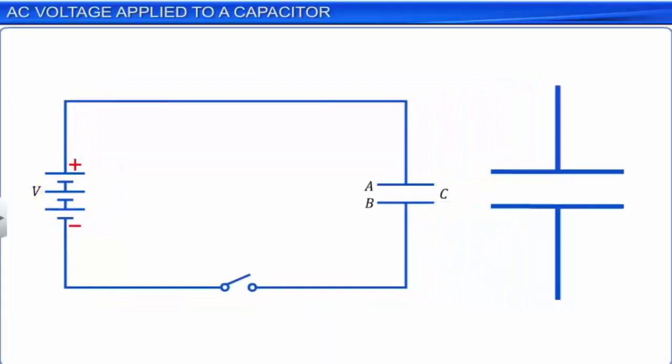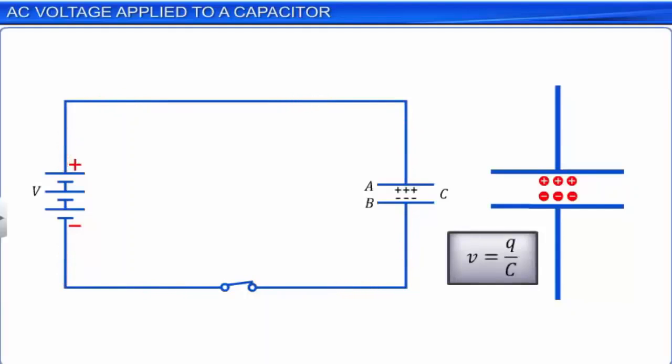When the key is closed, the capacitor gradually builds up charge as current passes through it. If the charge on it at this instant is Q, then the potential difference across its plates in the steady state is V = Q/C.